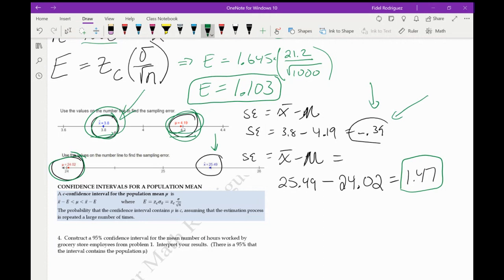And this one over here, the sample mean was actually higher than the population mean, so it was an overestimate, and that's why that value is positive. But you're always going to use this formula: x bar minus mu. If it ends up negative, then it's negative, and if it ends up positive, then it's positive. That's always going to be my formula, every time. Excellent questions, very good.